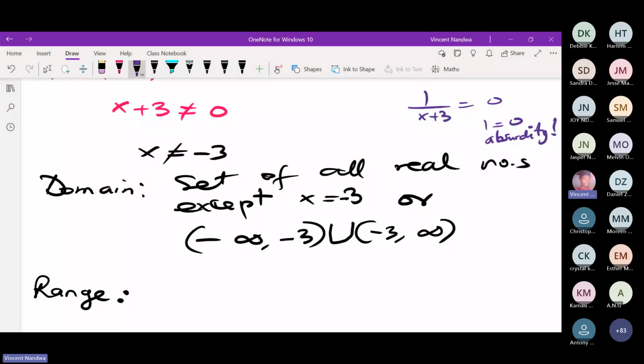So there is no value of x which will reduce the fraction to 0. Therefore the range will be all non-zero real numbers.